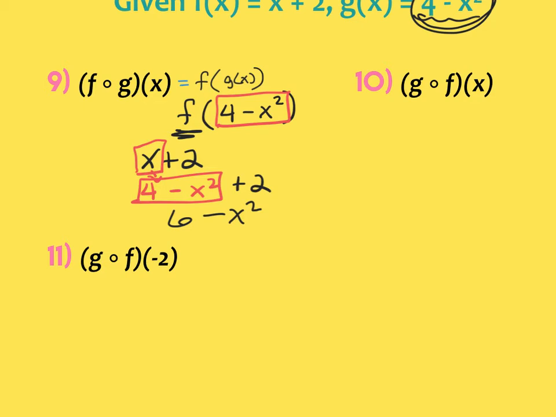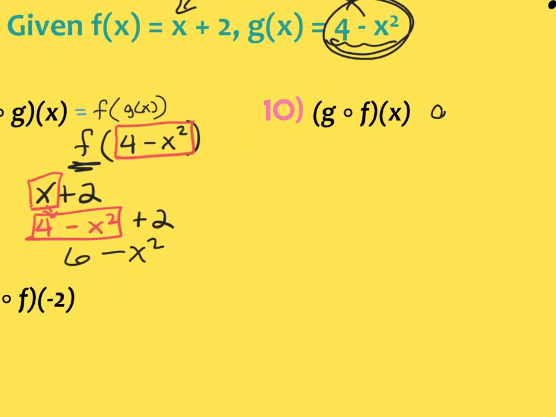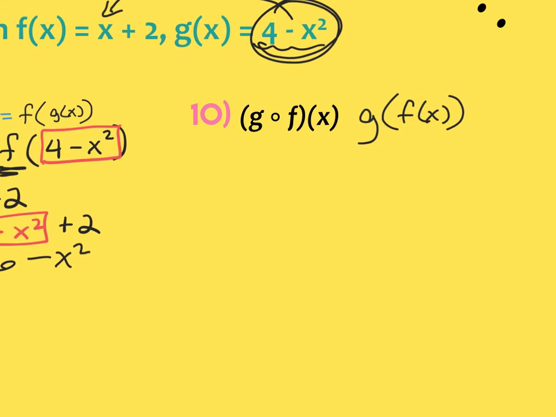Now we're going to go the other way on number 10. So now we're taking the g of x function and plugging in the f of x for x. So essentially what we're doing is taking the g of x and plugging in x plus 2 where I see x in my g of x equation.